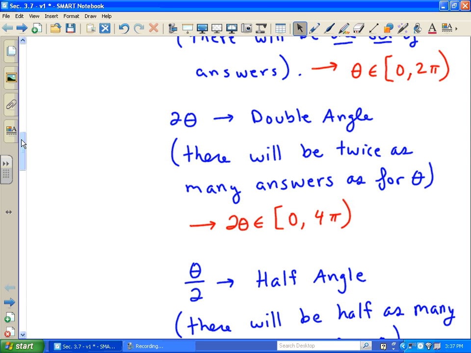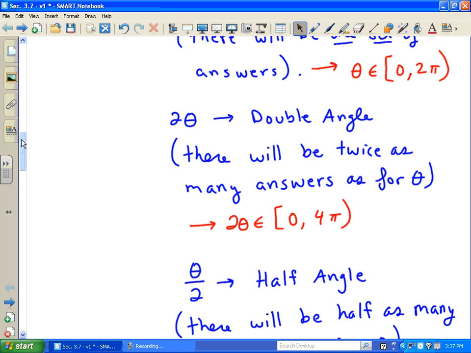If I think about 2 theta, that is what we call a double angle. There's going to be twice as many answers for 2 theta than there would be for theta. In other words, whatever answers we would usually get for theta, we're going to double the amount of answers.